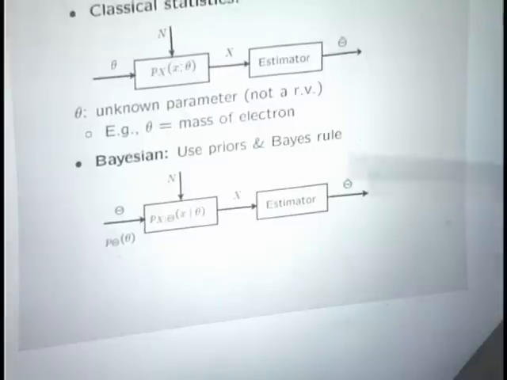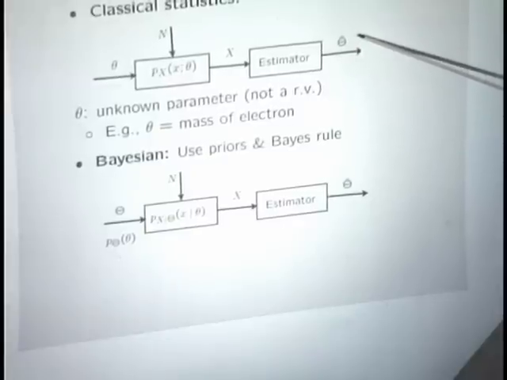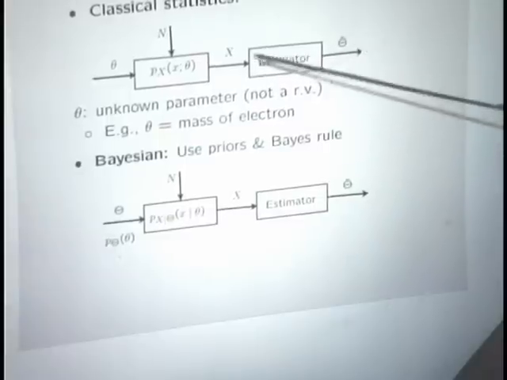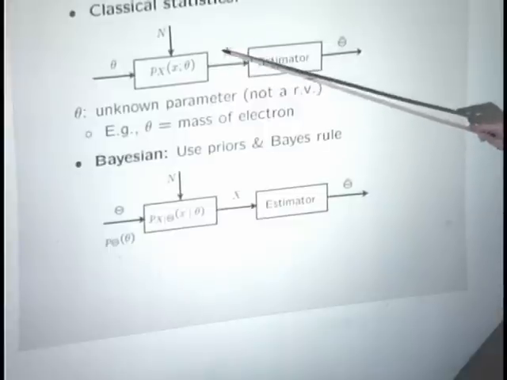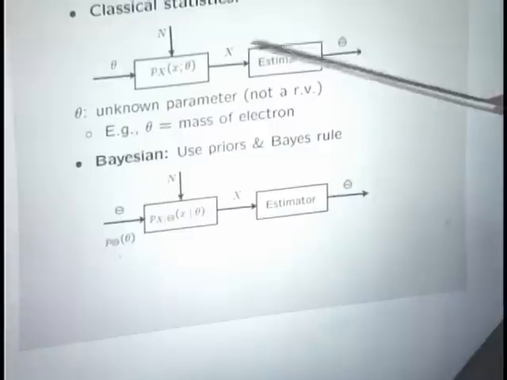Now, in both cases, what you end up getting at the end is an estimate. But actually, what kind of object is that estimate? It's a random variable in both cases. Why? Even in this case, where theta was a constant, my data are random. I do my data processing, so I calculate a function of the data.